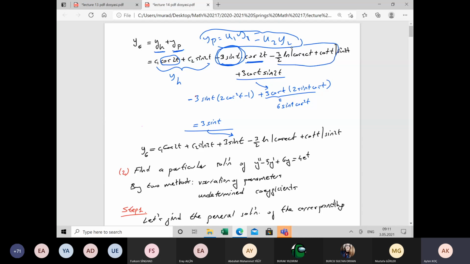U2 is this one, times y sub 2, y sub 2 not ln cosecant t, and plus this one, 3 cosine t.